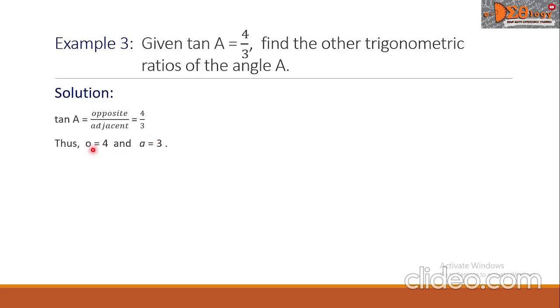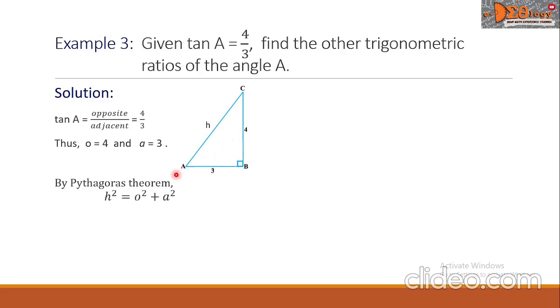That means opposite, or O, equals 4 and A equals 3. We have this triangle. This is the angle A. Angle B is a right angle. We have this side 4 and this side here as 3. We need the hypotenuse, which is the H. That is the side AC.